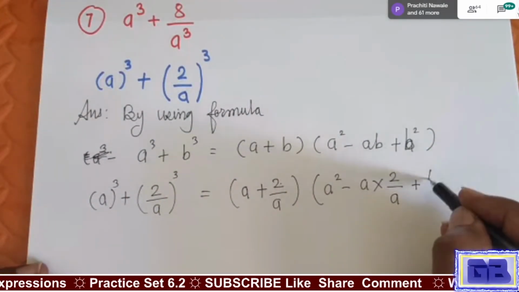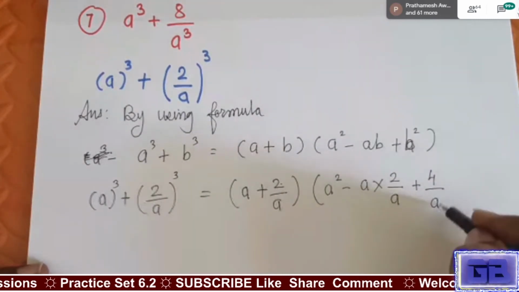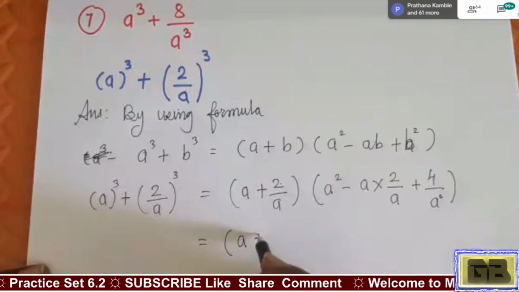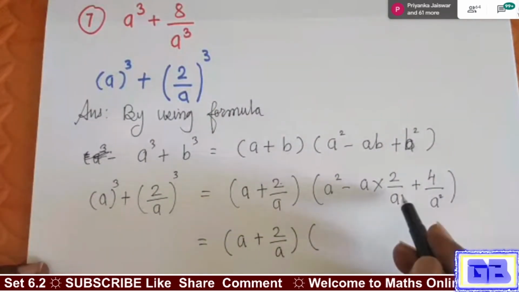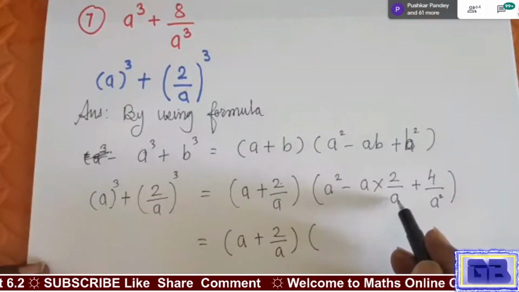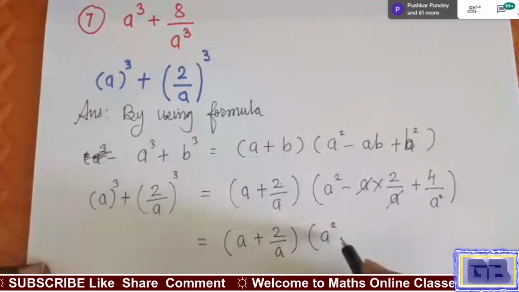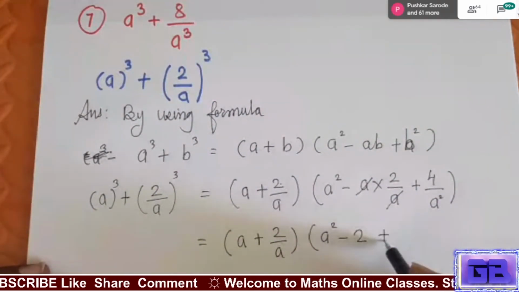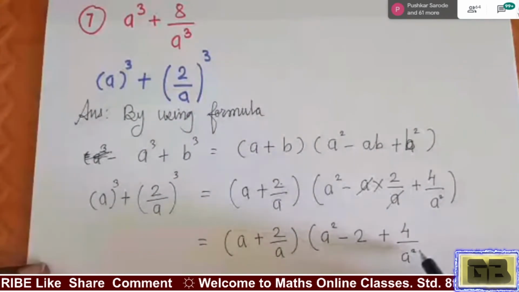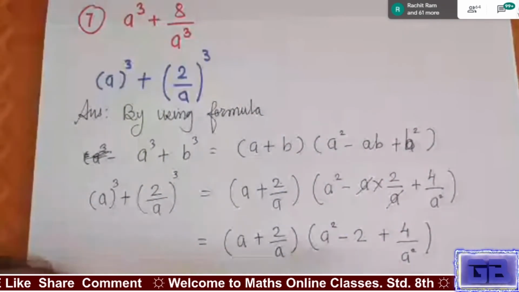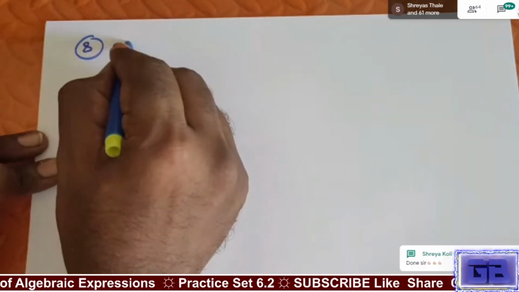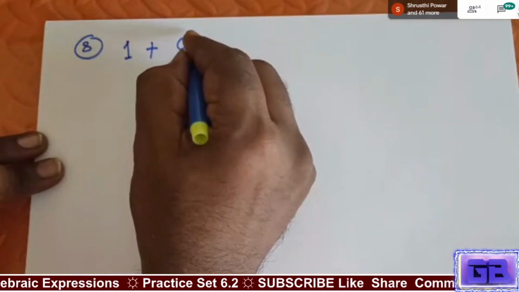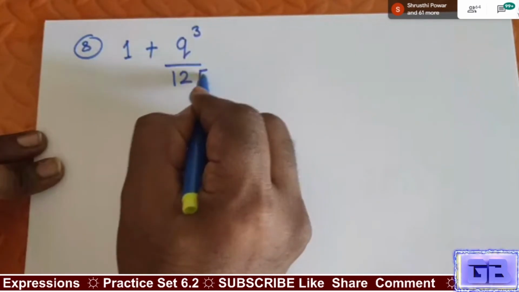Square of 2 is 4, square of a is a square, bracket close. a plus 2 upon a, here also a and a will get cancelled. a square minus 2 plus 4 upon a square, bracket close. This is our answer.